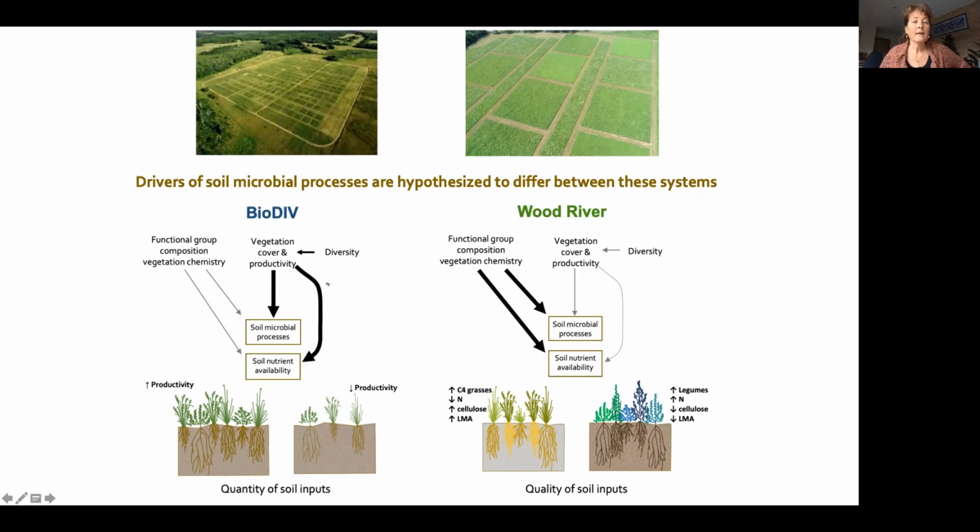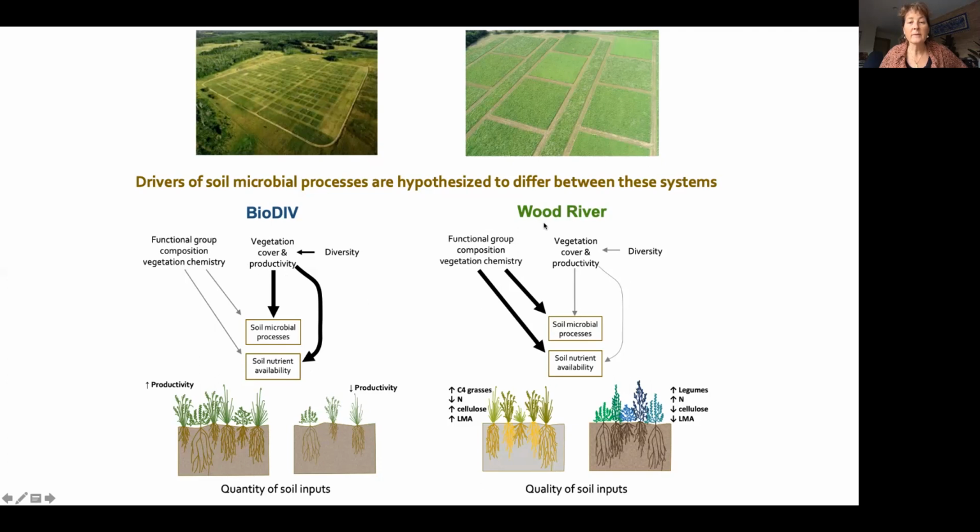And in BioDiv, we thought, well, because productivity is actually rather low and there's a fair amount of bare ground, that it's actually vegetation cover and productivity that's driving the variation in soil microbial processes and soil nutrient availability, more than vegetation chemistry or functional group composition, and that diversity itself is driving some of the variation in vegetation cover and productivity.